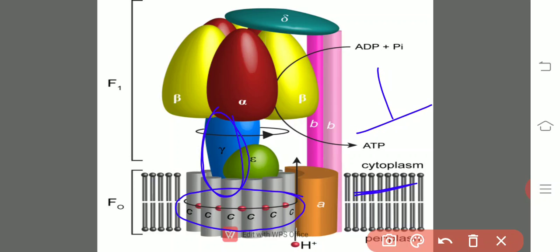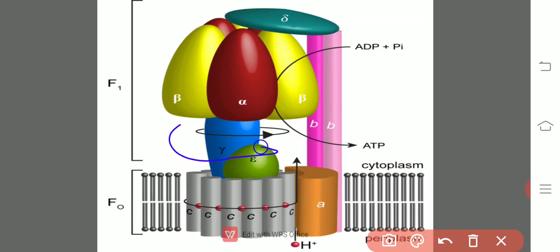Here we have seen the rotation axis also like this. Thereby the catalytic sites of the F1, which are represented by the beta subunits, one by one alternatively get involved in the ATP synthesis.